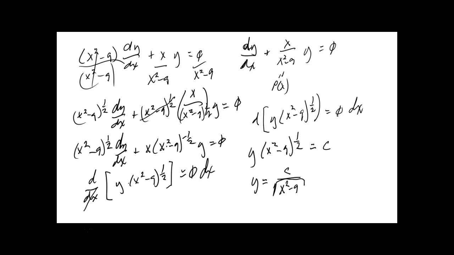So our general solution is y is equal to c over the square root of x squared minus 9. But you have to limit that to be either on minus infinity to minus 3, not including minus 3, or 3 to infinity. Without knowing any more about it, we don't know which of those we're on. If we had an initial value, we'd know, but we don't have that.